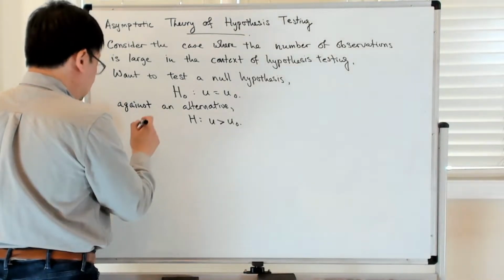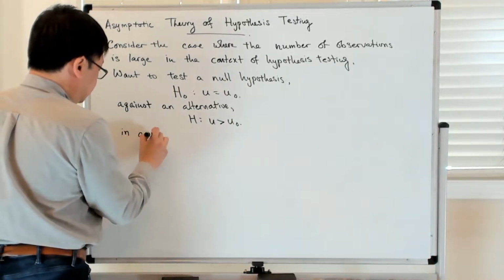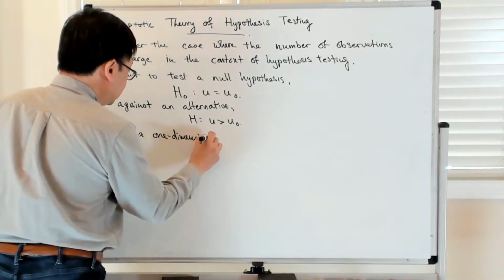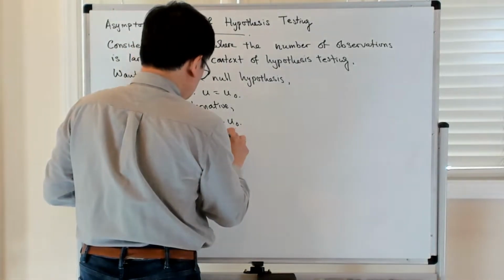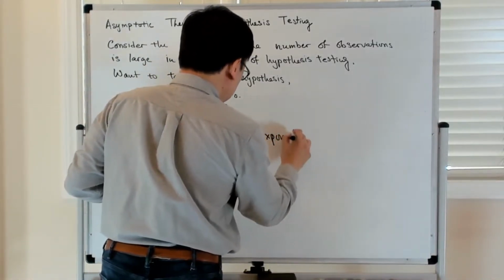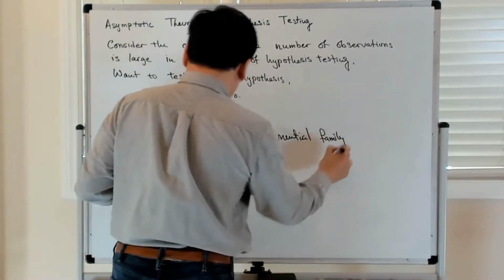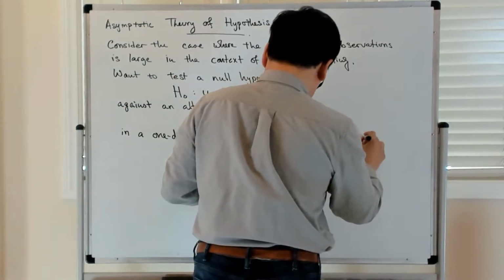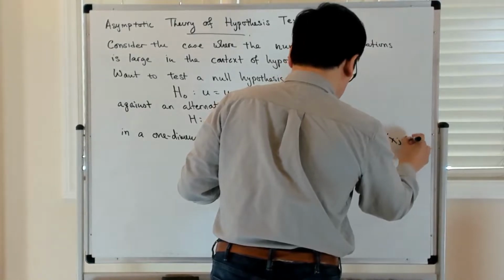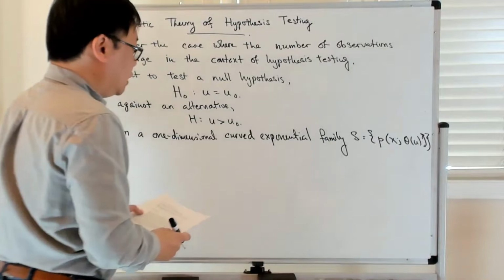And we want to do this in an exponential family. Say a one-dimensional exponential family, which is curved. This is a set of probability distributions where there's a parameter theta, which depends parametrically on u.